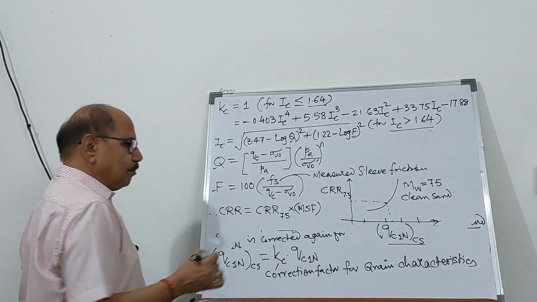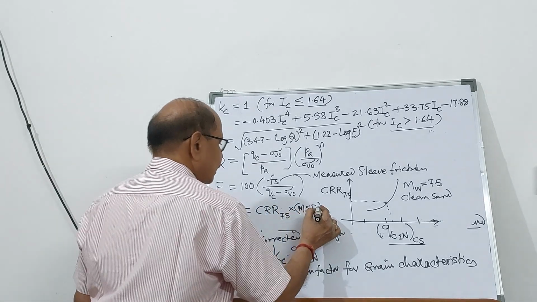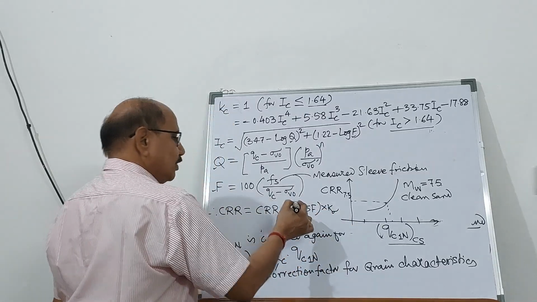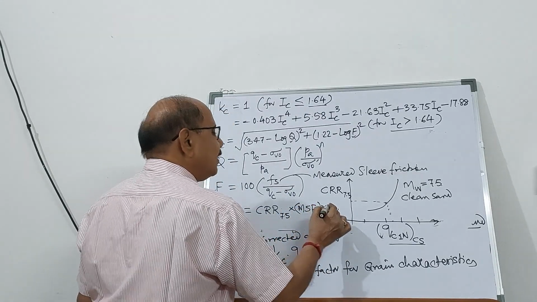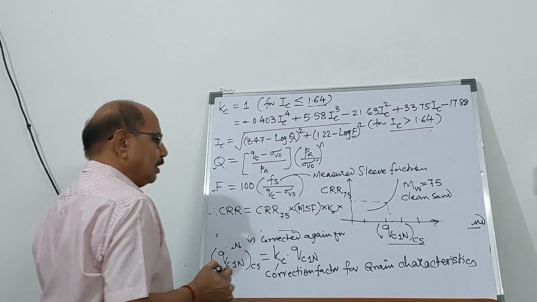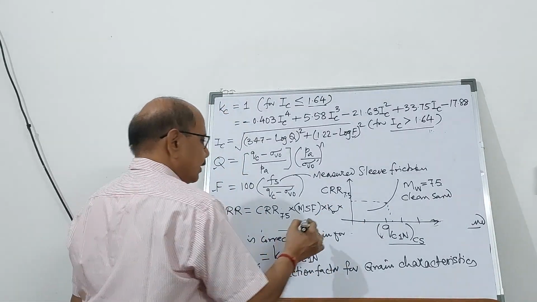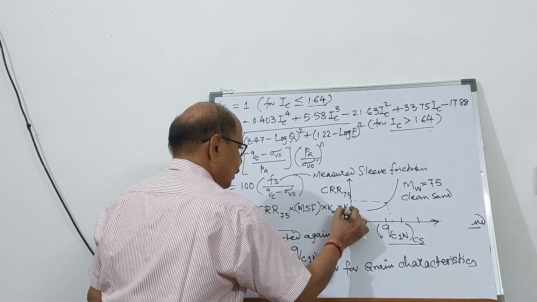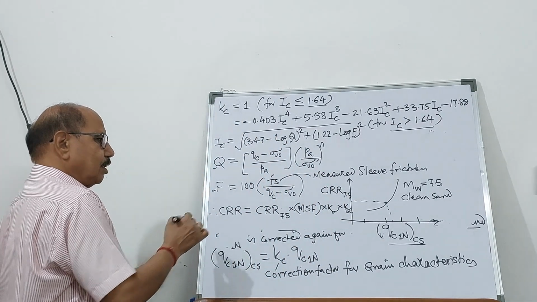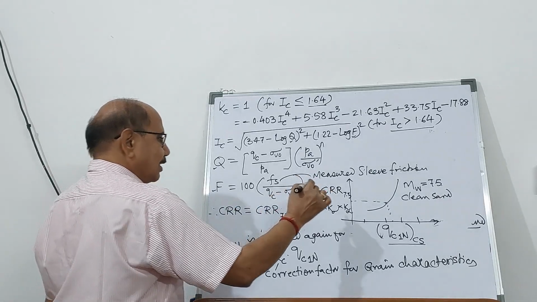In the last example, we have solved it, multiplied by K sigma, which is the correction for overburden, if the depth is more than 15 meter, multiplied by K alpha, where K alpha is for horizontal ground.